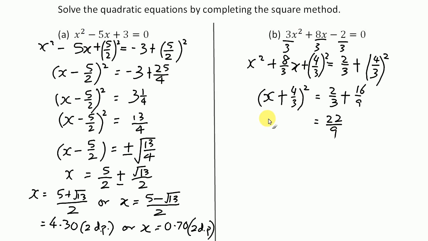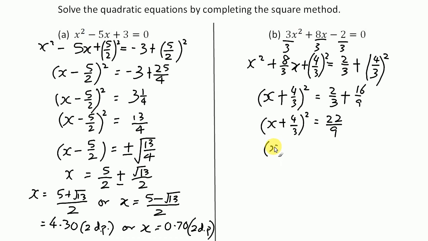Alright, so on the left side, the bracket remains the same. So the next step is to get rid of this square by finding the square root of both sides, as we have done in the previous question.